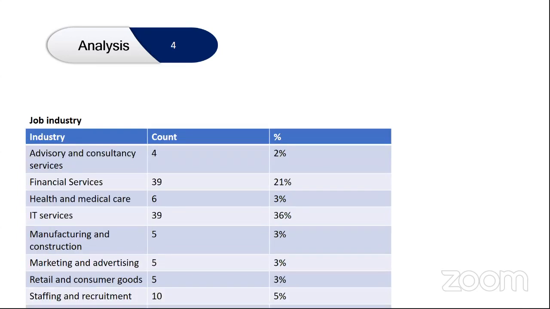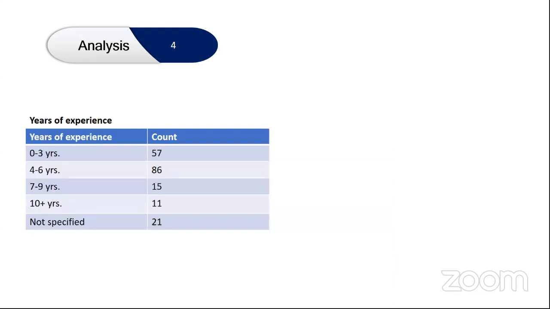Now we move on to the job industry. Industry specified as offering BI jobs amounted to 8. The 2 most prominent industries that required BI professionals were IT services, which amounted for 36%, followed by financial services, which had 21%, as you can see on the table. Experience was one of the other criteria that were being looked for by employers.